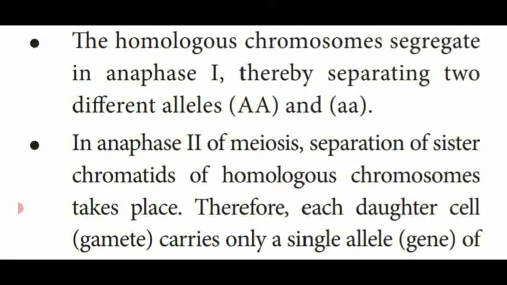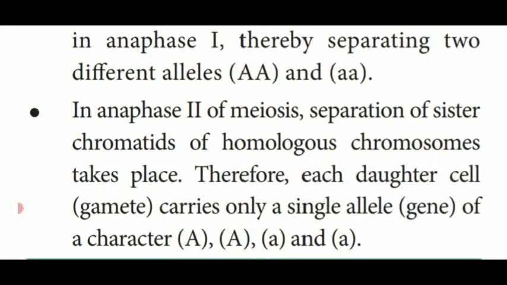They carry each pair of chromosomes and move in opposite directions. That is said to be segregation of chromosomes, which occurs in the anaphase stage. So each chromosome contains a pair of different alleles, capital A dominant allele and recessive allele.